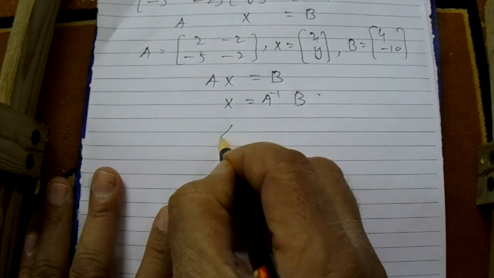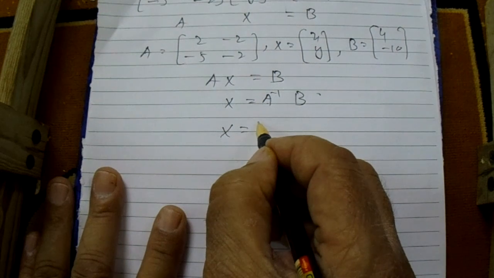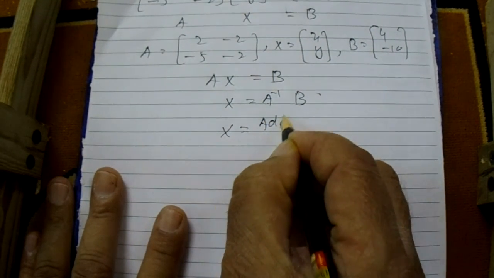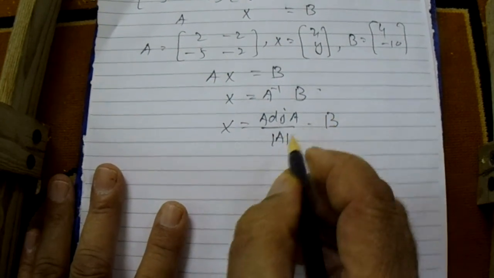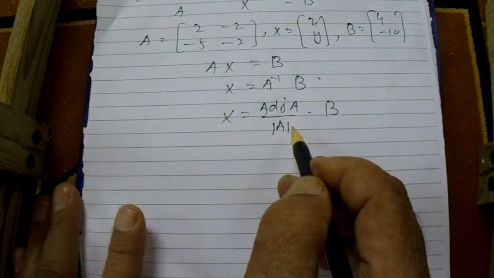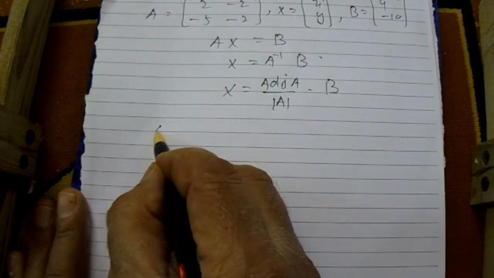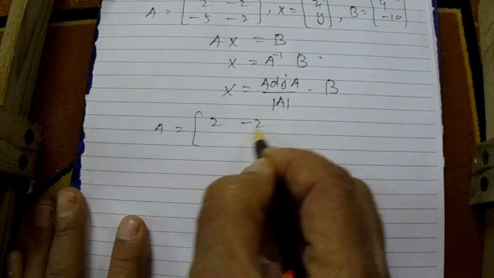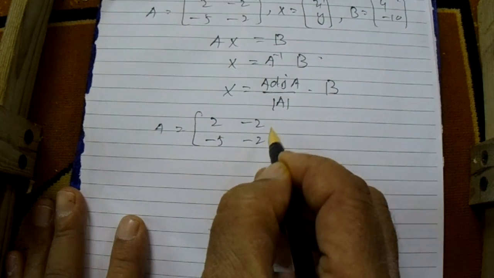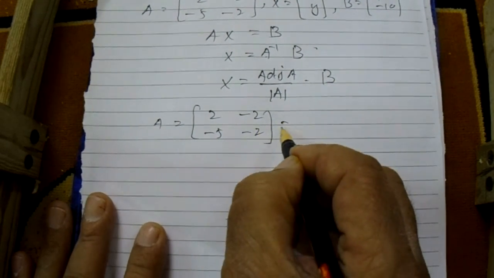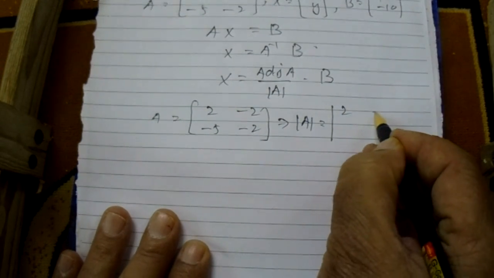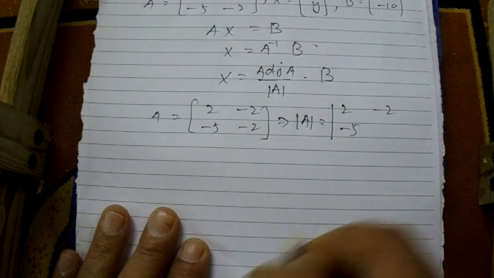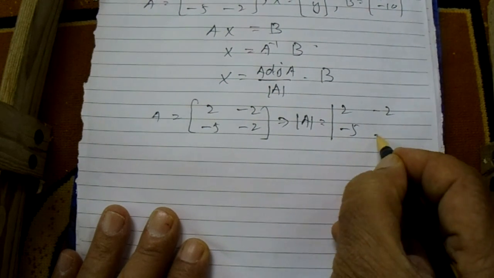Now we know that X is equal to A inverse, we write here the formula of A inverse: adjoint A over determinant A, into B. We have to find the adjoint A and the determinant of A. First we will find the determinant of A. Now the A matrix we write again, [2, -2; -5, -2].